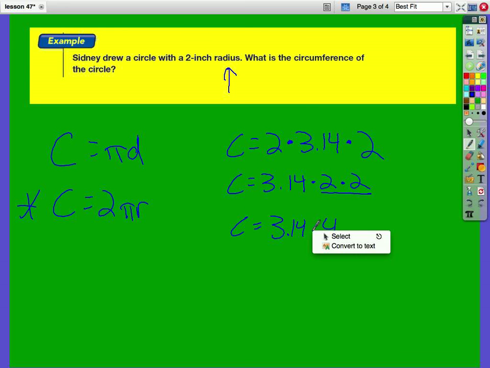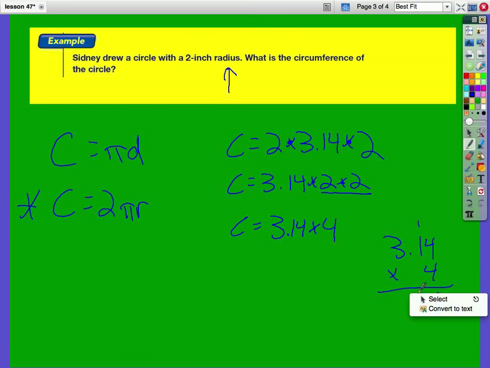So now I have, here, I'll make these x's so that you don't get confused with the decimal point. So now I can do my 3.14 times 4. Okay, 2 numbers behind a decimal point, so it goes right there. So my circumference is going to be equal to 12 and 56/100ths. I need a label. My label is inches.